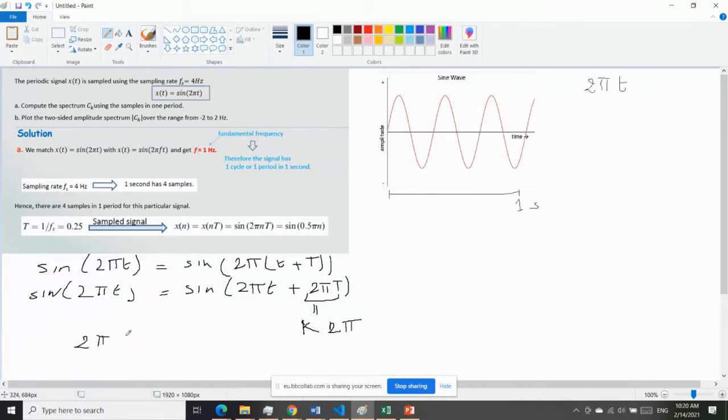So 2 pi T equals 2 pi k, meaning the period T equals k. And of course the smallest value of T will be 1, because k belongs to the natural numbers, integers 1, 2, 3, 4. The minimum T is 1, and this is the period: 1 second. That means the frequency of the sinusoid is 1 hertz.